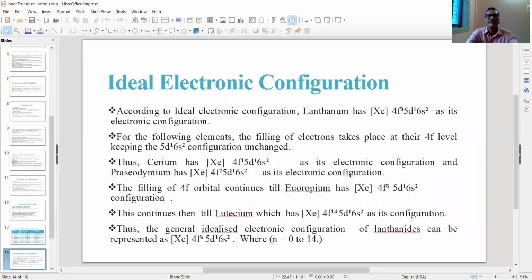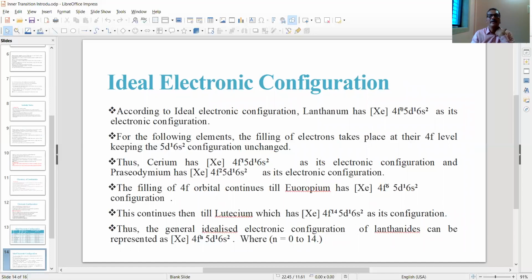According to the ideal configuration, lanthanum has the configuration xenon 4f0, 5d1, 6s2. All of you know the noble gas configuration is a stable configuration, and all the elements we generally write in terms of the noble gas configuration because it is most stable. It can be acquired by losing electrons, by accepting or gaining electrons, or sharing electrons.